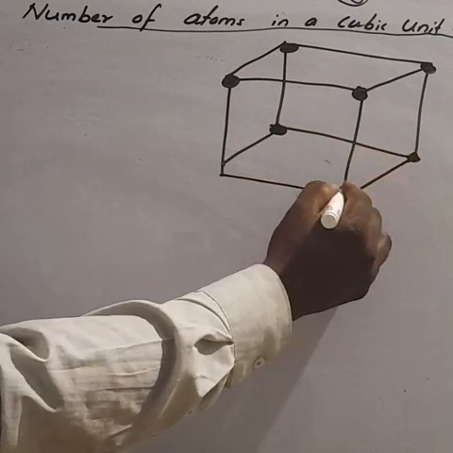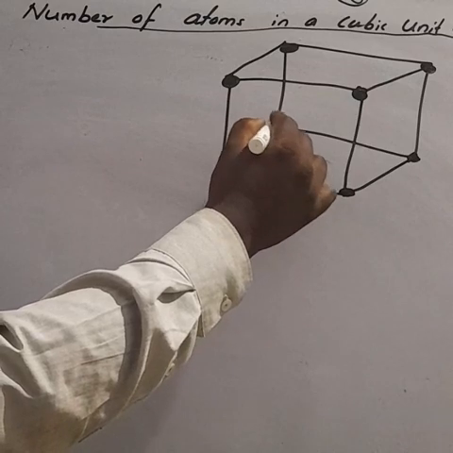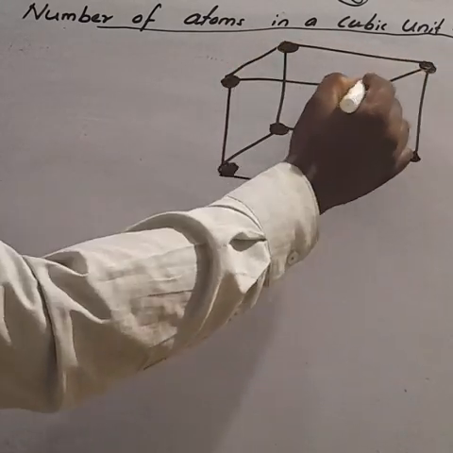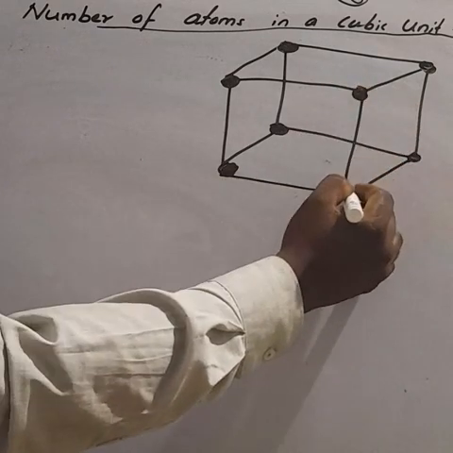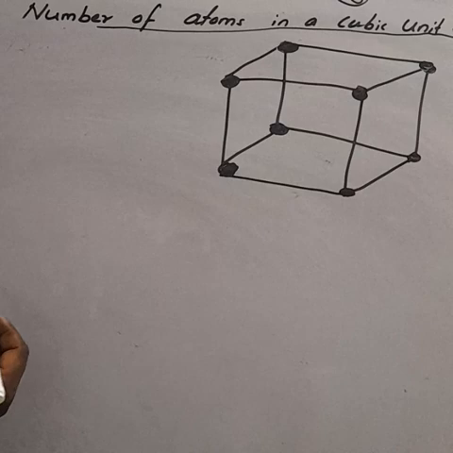At each corner we occupy one atom. Am I right? Each corner. Clear? And also this face-centered, suppose I am taking one of the cubes.